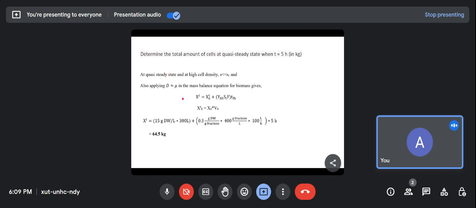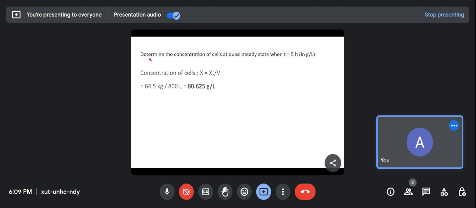So let's move on to the next question. You have to determine the concentration of cell at quasi steady state when time equals to 5 hours again. So concentration of cell X is equal to xt by V. Okay, xt is the total amount of biomass at the end. So that is 64.5 kg by 800 liters.